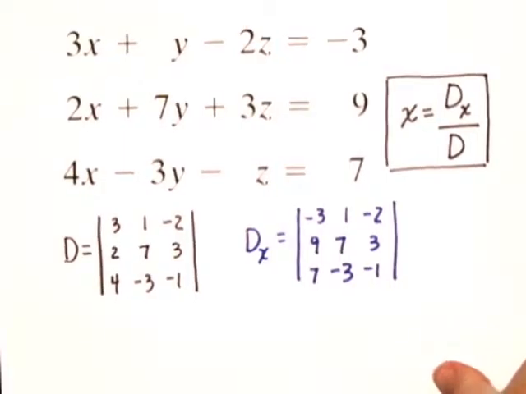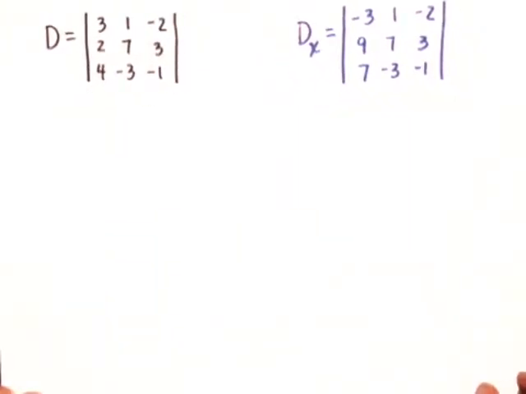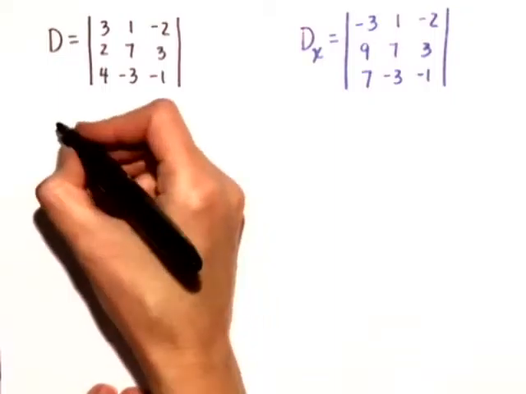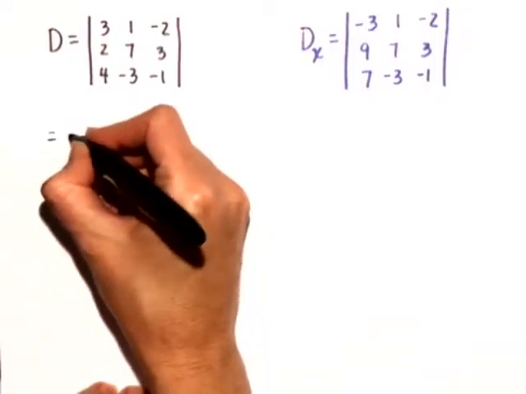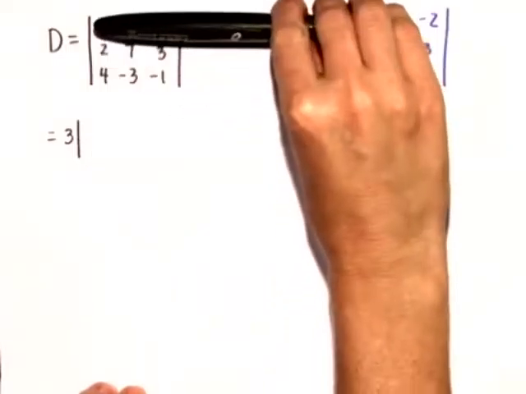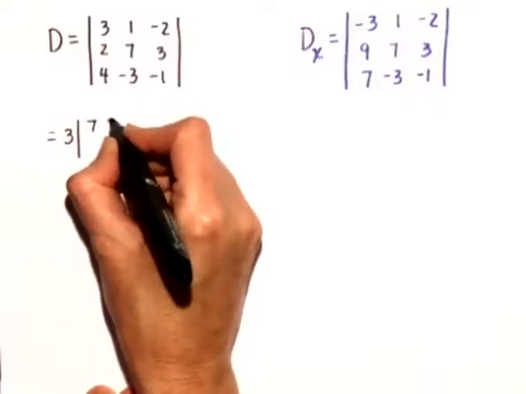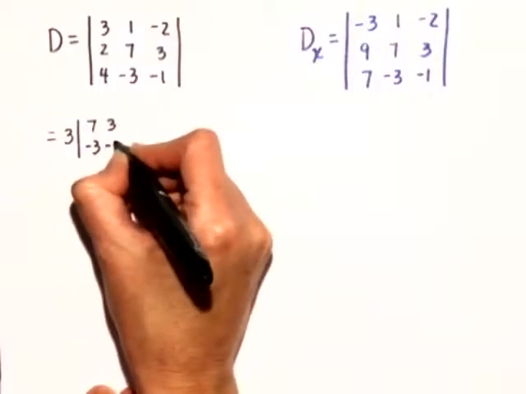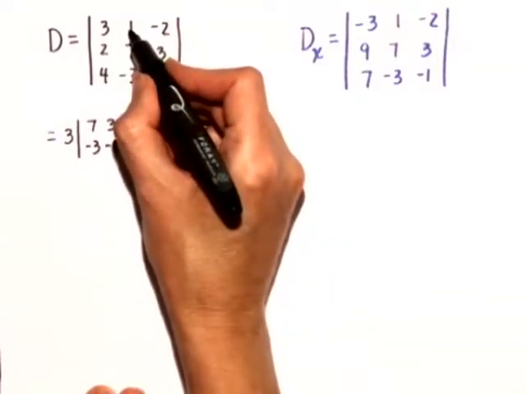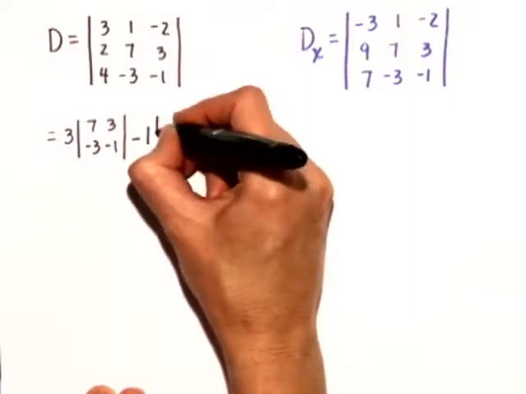And now we're ready to calculate these two determinants. First, we have d. Let's expand across the minors, and when we do that, we'll have 3 times the smaller determinant when we cross out the row and column that 3 is in. We'll have 7, 3, negative 3, negative 1. Minus, going across the first row, we write the coefficient 1.